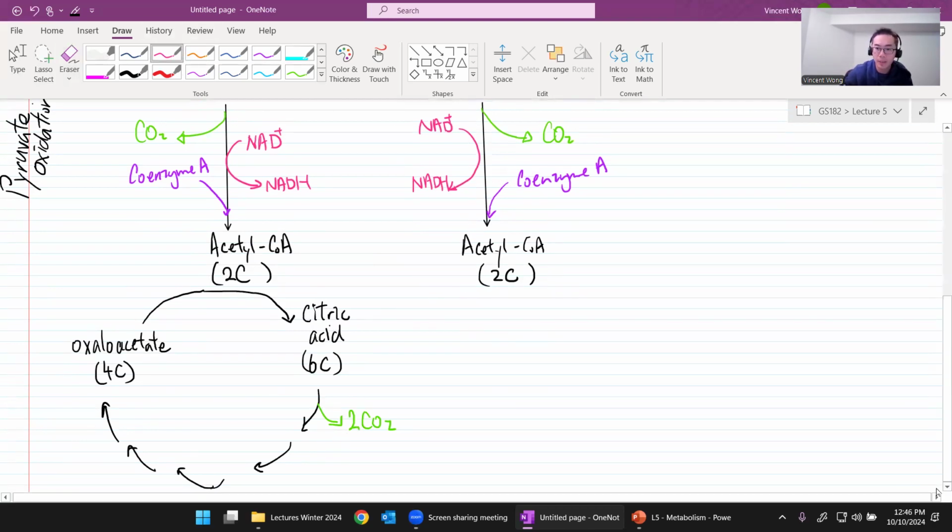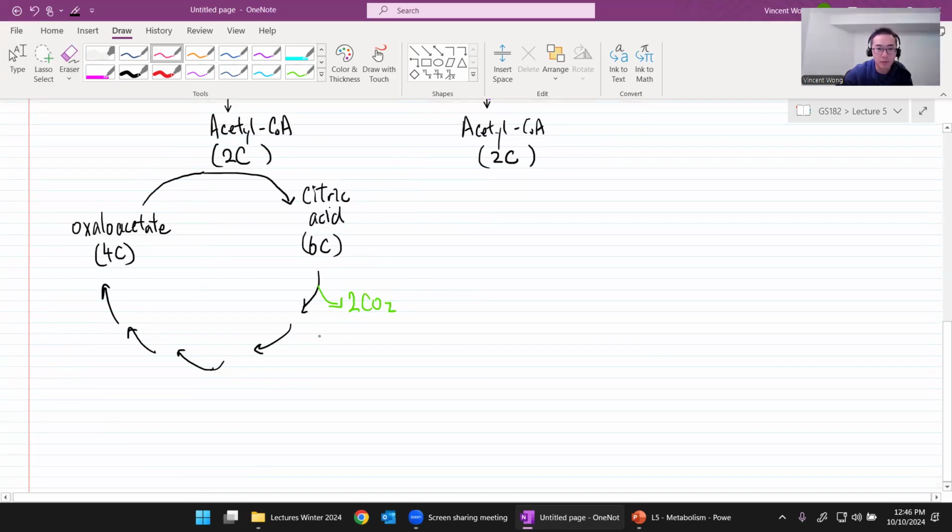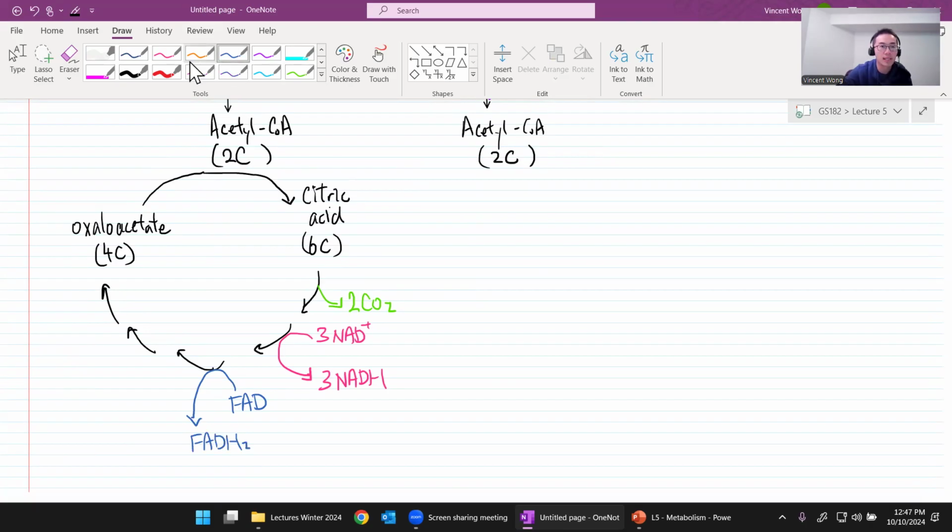And we will be removing high energy electrons from it, which means we're going to have to capture them. So 3 NAD plus, it's going to come along and it's going to generate 3 NADH. Okay. We haven't seen the other energy carrier yet, which is the FAD. No plus for this one. And you're going to get FADH2 afterwards.